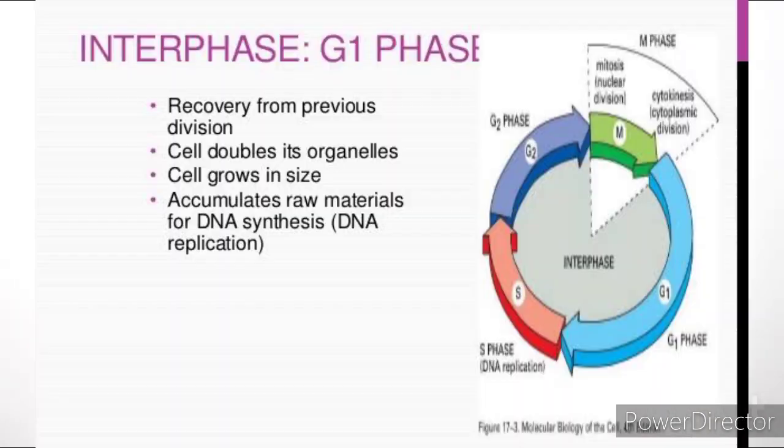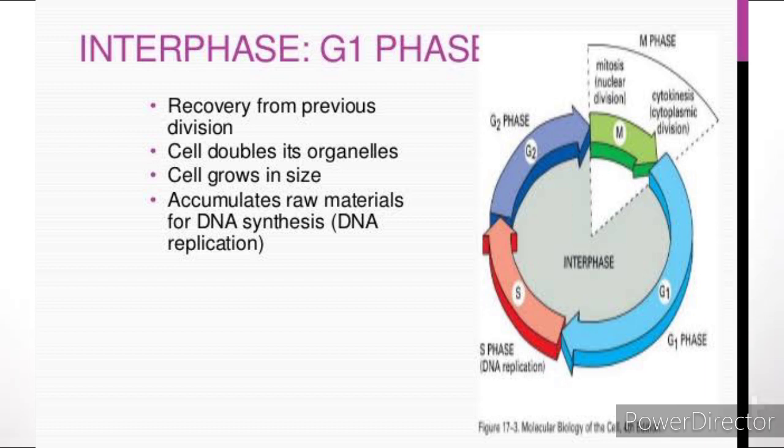G1 phase is often known as the first growth phase, that is why it is termed G1 phase. In this phase, RNA and proteins are synthesized and the overall volume of cytoplasm increases, hence the cell grows in size. There is no change in the DNA contents of the cell during this phase.